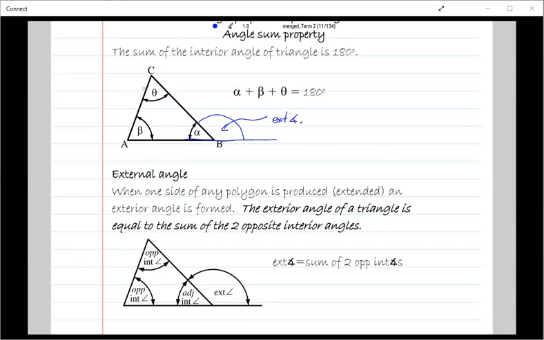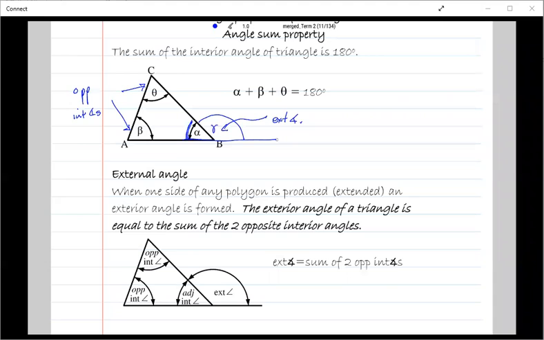These two angles here are called opposite interior angles. Now, this one here would be the adjacent interior. These two over here are called opposite interior angles. Now, the exterior angle of a triangle, so let's call this exterior angle gamma.